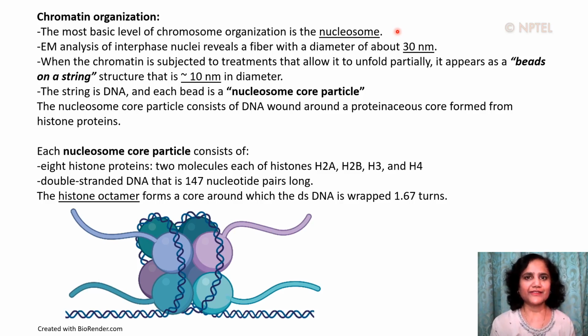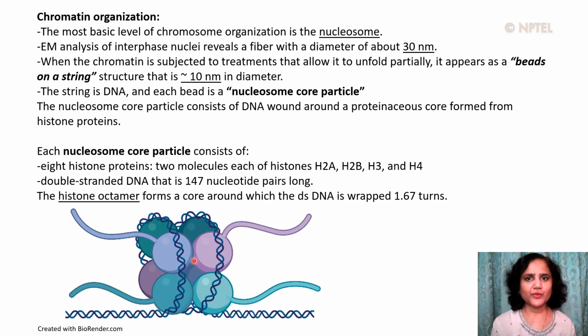In this beads on a string structure, the string of course is DNA, and each bead is a nucleosome core particle. The nucleosome core particle consists of DNA, which is wound around the proteinaceous core, which is formed of histone proteins.